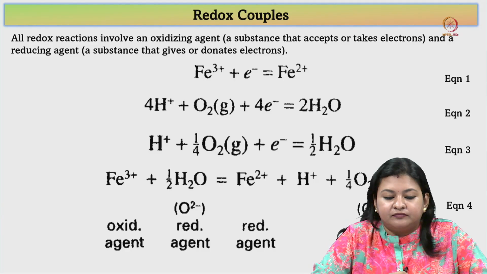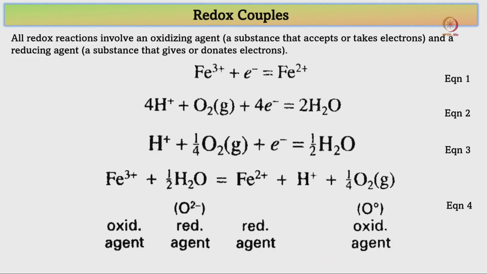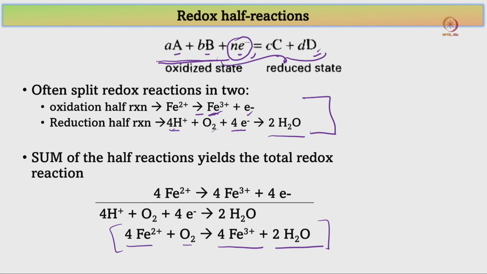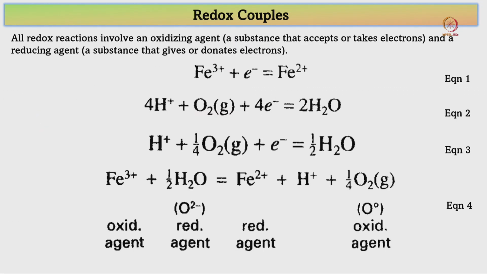Now, we understand from this previous example that there is always an oxidation half and always a reducing half, and there will always be an oxidizing agent and a reducing agent. So, there will be an oxidizing agent which will be available to accept the electron, and there will be a reducing agent which will give up that electron.